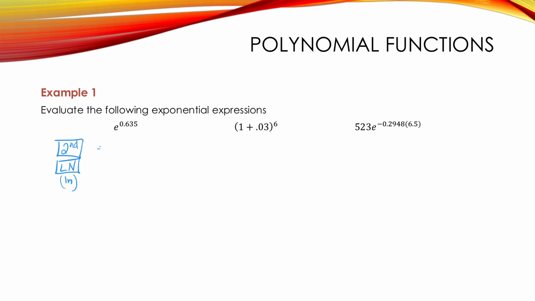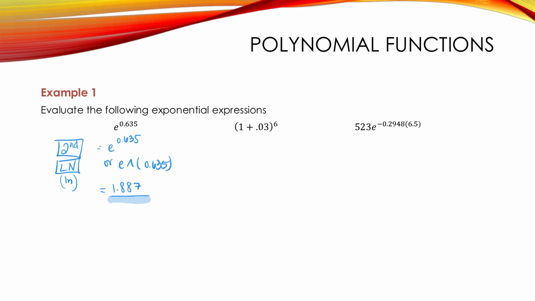So when we do that here, we will get e to the 0.635, or it will show e caret, and in parentheses you put 0.635. And then just hit enter. And once you hit enter, you find out that this is approximately 1.887. If you go into your calculator, you should be able to find this. If you have trouble getting this, just let me know, and we can also look at it in class together.